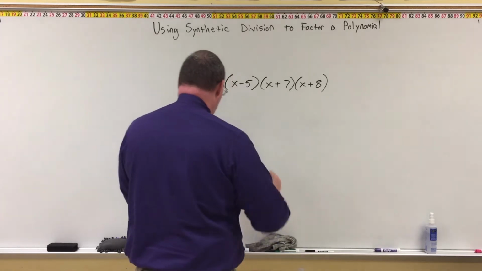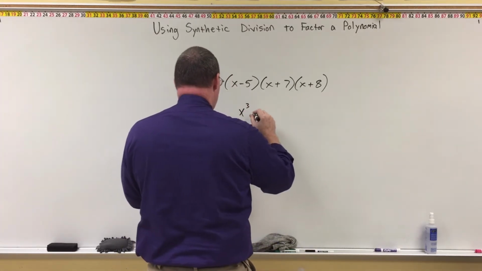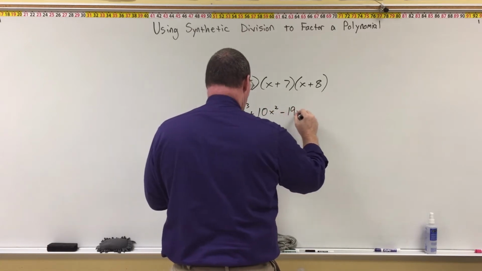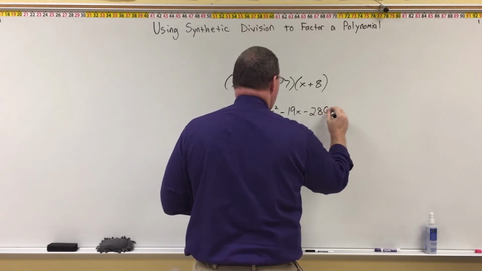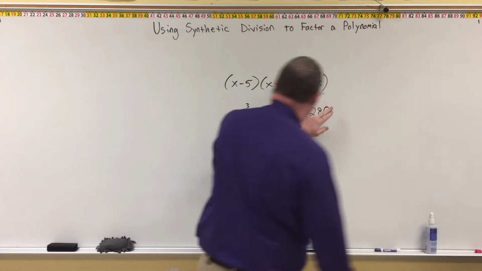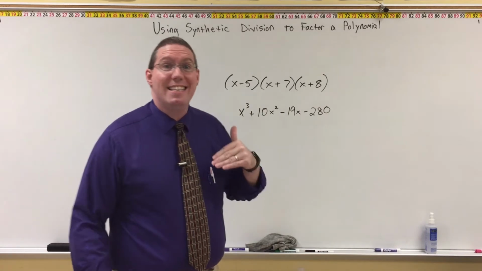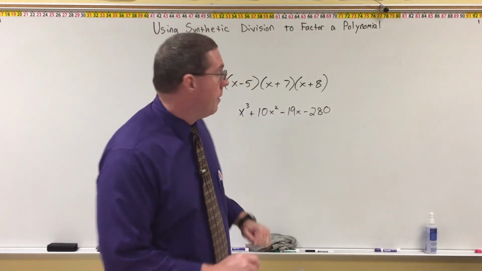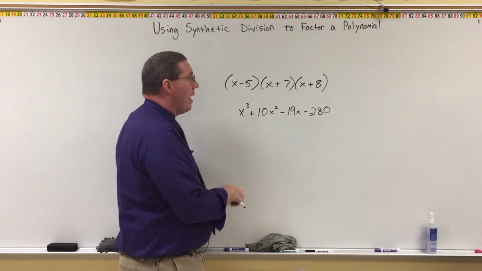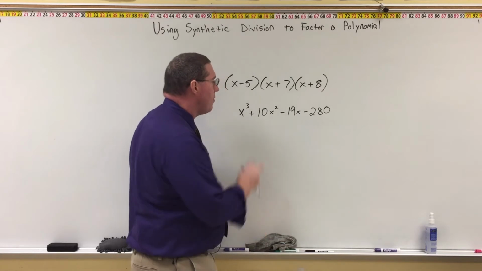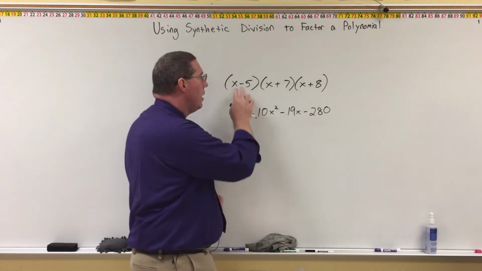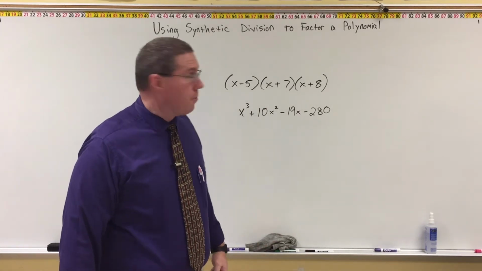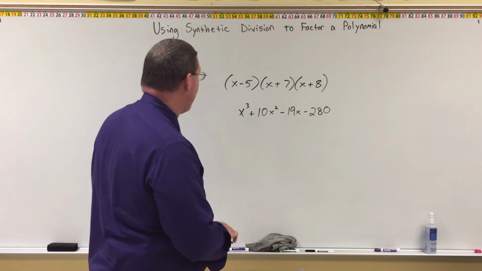If we were to multiply this out, it would become x to the third power plus 10x squared minus 19x minus 280. And if all you saw was this polynomial, you might be very intimidated. But I'm going to teach you how to not be intimidated by this polynomial, and encourage you to understand that this can be factored down into 3 different linear binomials. And that's what we're going to do right now.